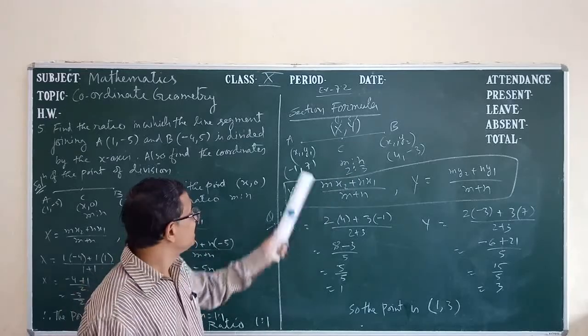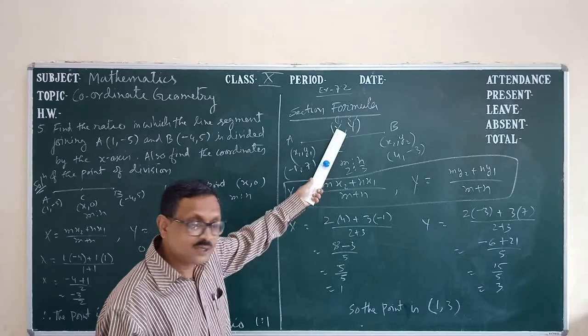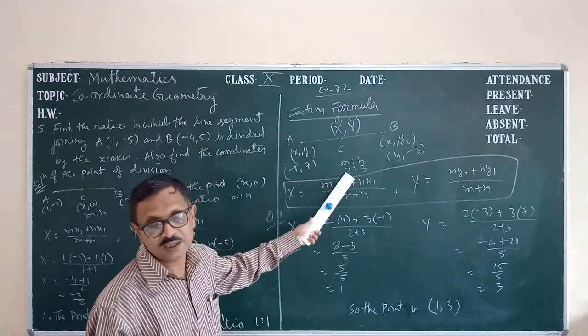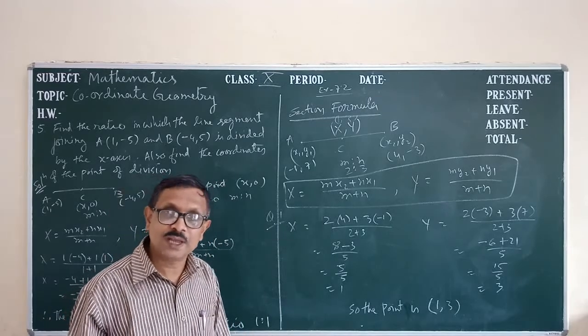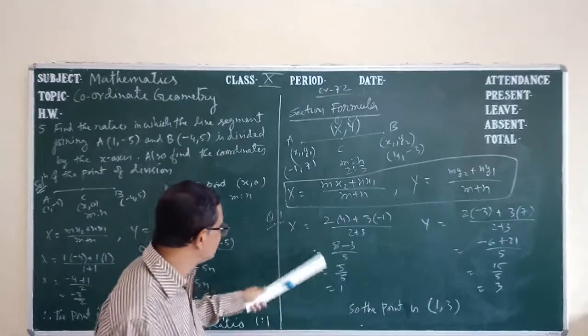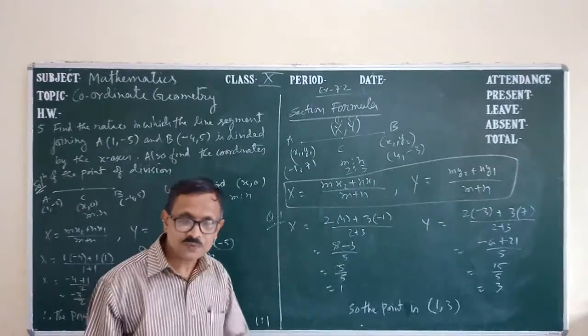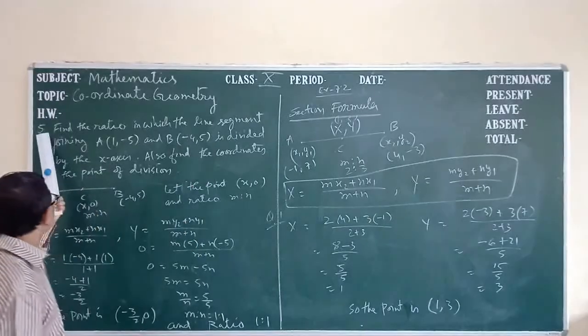Sometimes A is given, C point, capital X, capital Y is given, ratio is given, but x2 y2 is not given, and you have to find out x2 y2. So in such a way questions may be asked, and you put the values and do the cross multiplication and find that.